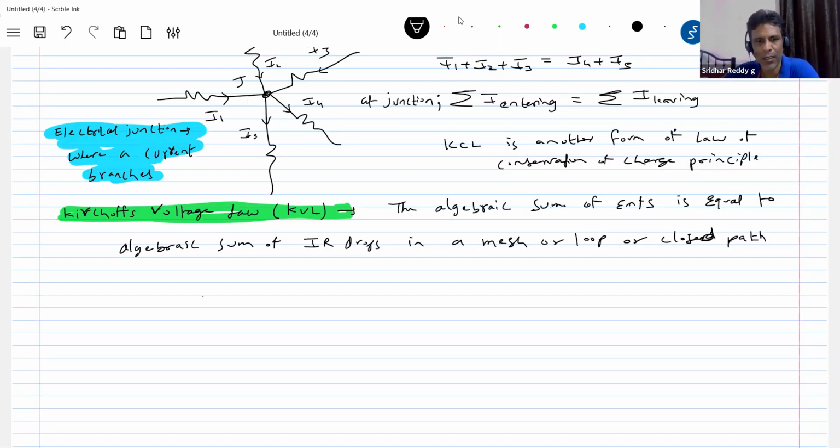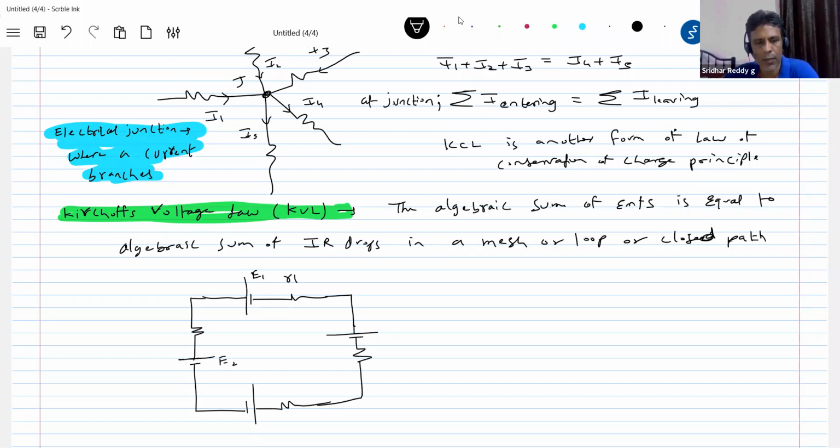Suppose this is E1, R1. E1, E2 are the EMFs of cells. Then R3, E3, E4, R4.